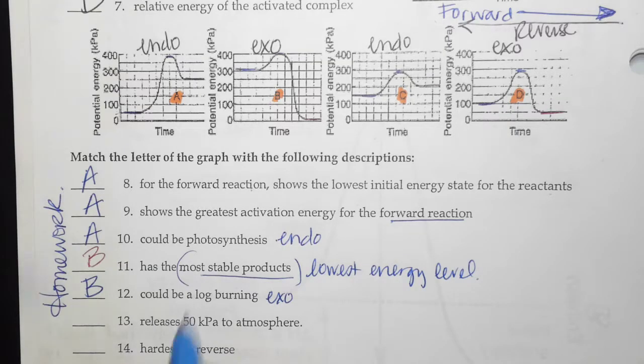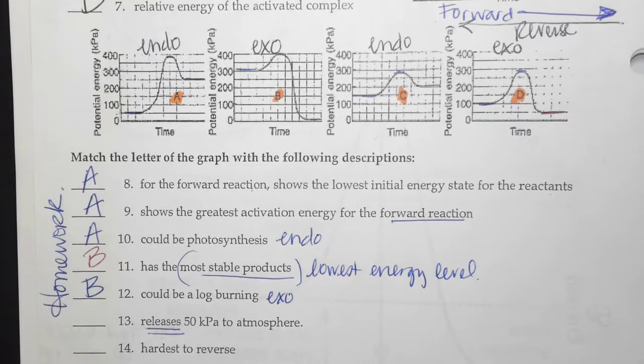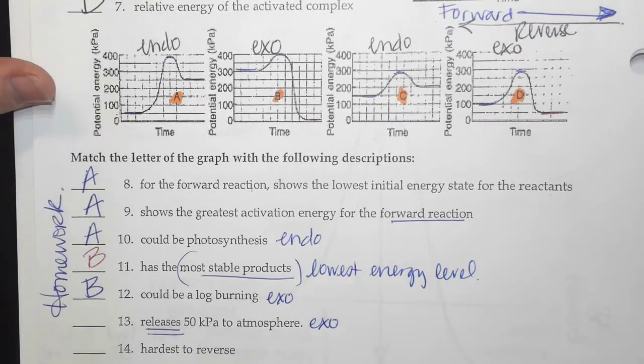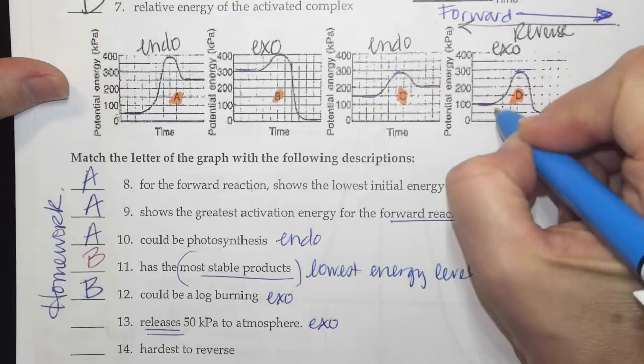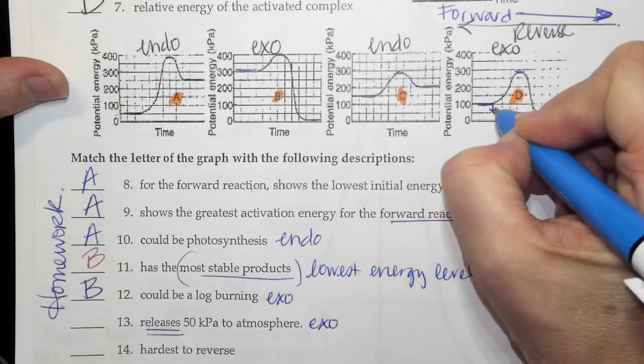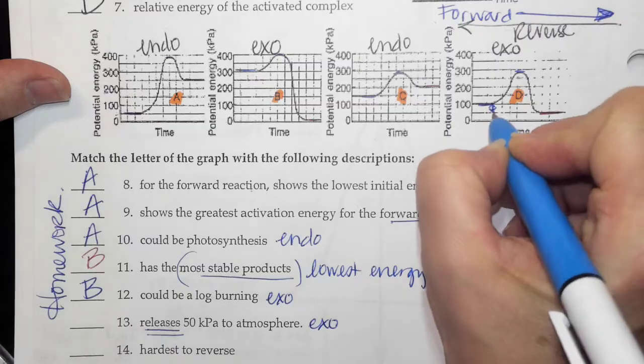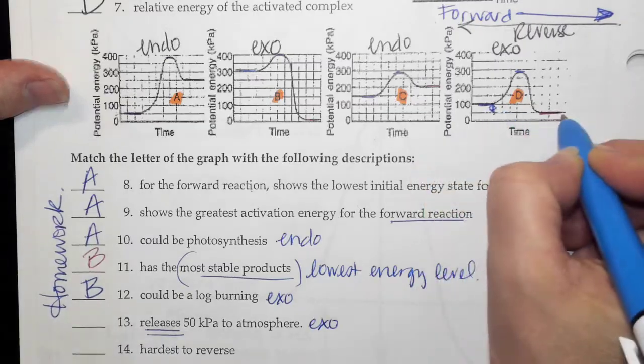I see that they've used the verb release. Is that going to be endo or exo, Cade? Exothermic. Which reaction released 50 kilopascals to the atmosphere? D as in David, right here. The difference between the reactants and the products is 50, and it is going out.